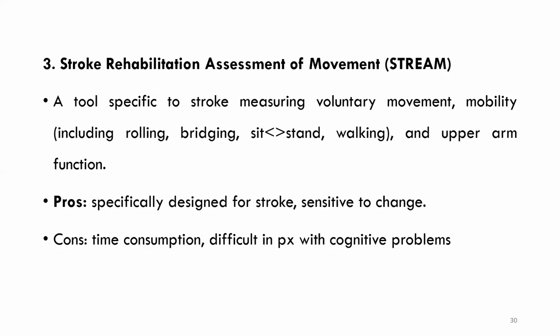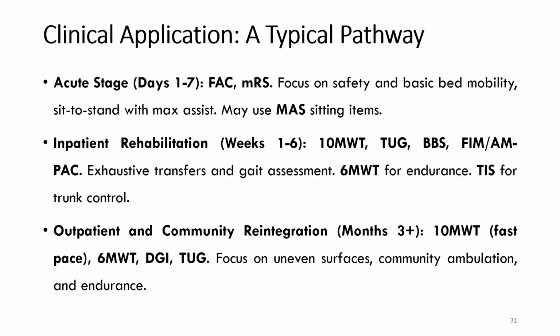So it has the advantage that it is specific for stroke, and it can detect small changes in functional activities or movement within your patients. And it takes a lot of time. And then if the patient has cognitive impairment, this is one of the limitations of the STREAM. We have the pathway for the clinical application of the mobility and transfer assessments in our stroke patients.